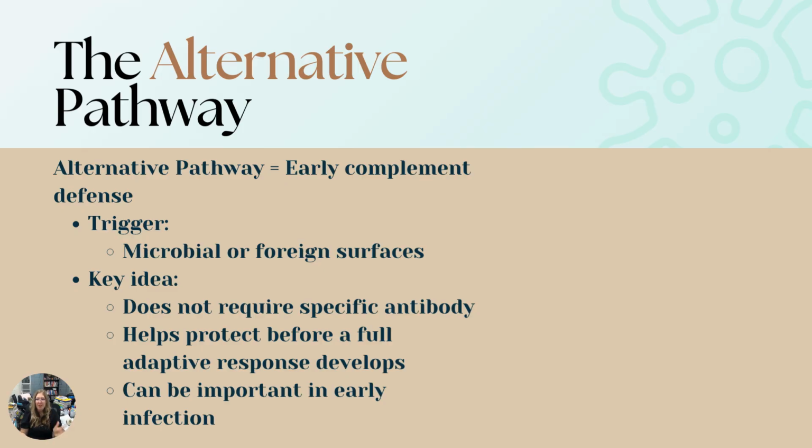Now, the alternative pathway is different because we do not need a specific antibody response first. Complement can interact directly with an appropriate either microbial or foreign surface. And that makes this pathway particularly important in the innate immunity.